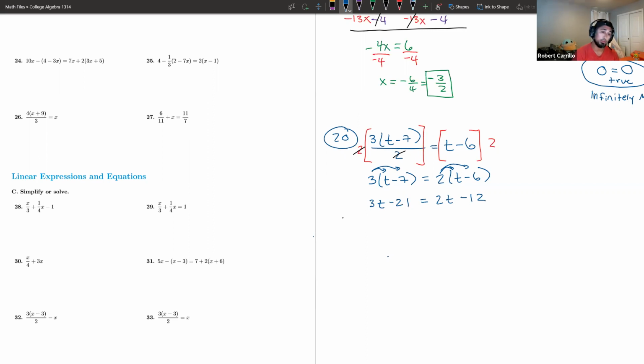And now solve for t. I am going to move 2t over to the left, minus 2t, minus 2t, and then add 21 over to the right.